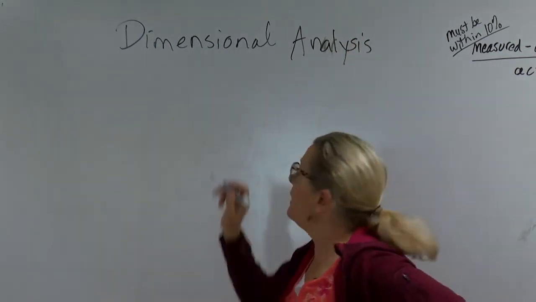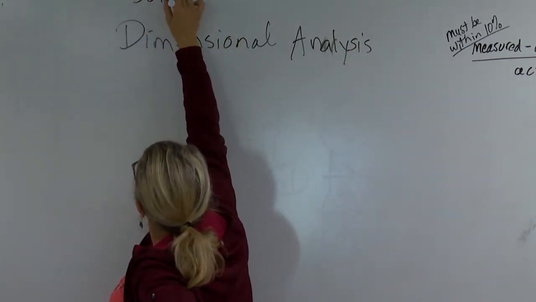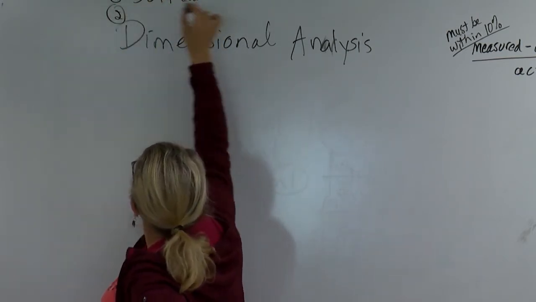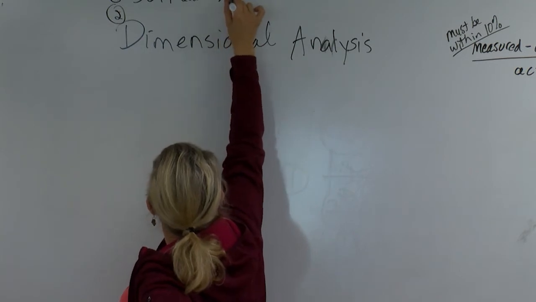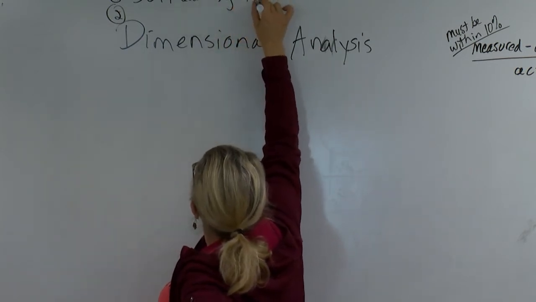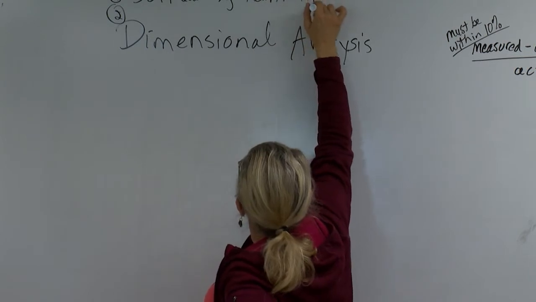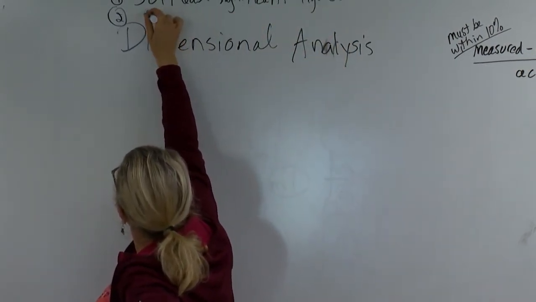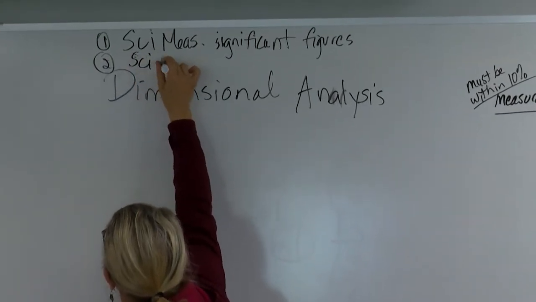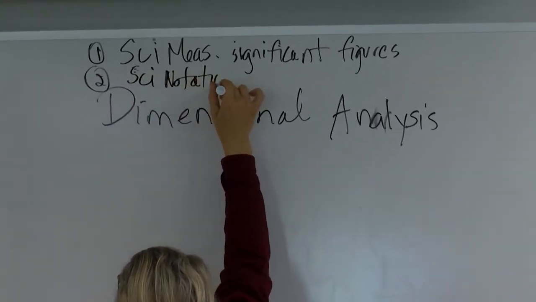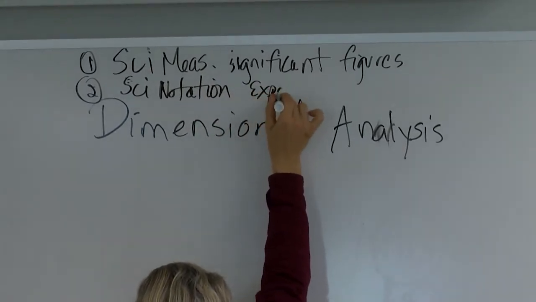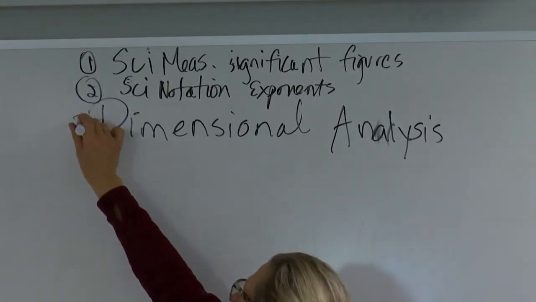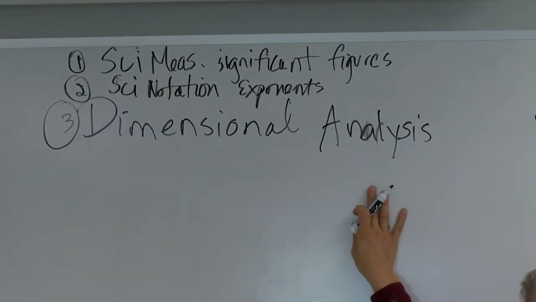So our 3 topics were scientific measurement, that was 1, including sig figs, significant figures. And 2 is scientific notation, where we use the exponents for very small, very big numbers, and 3 is dimensional analysis.